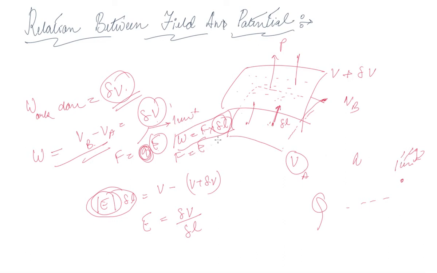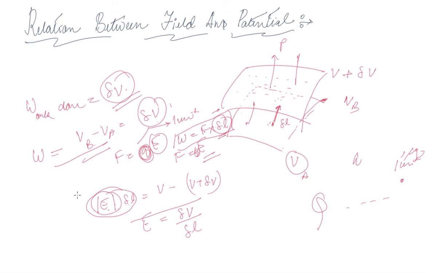So F becomes E. Work done is F into dl, in the direction of the displacement. So E dot dl is nothing but your change in potential.